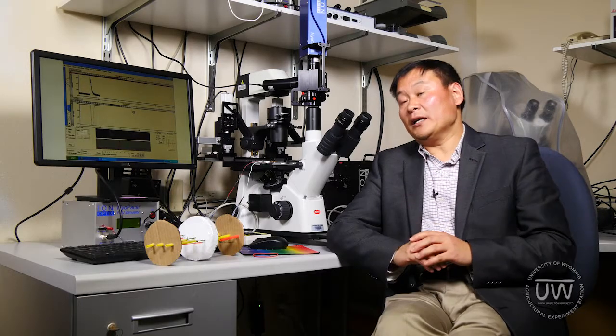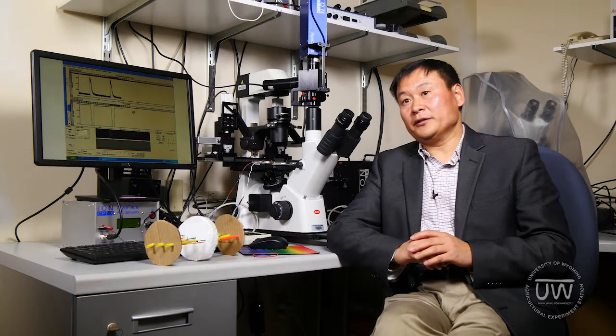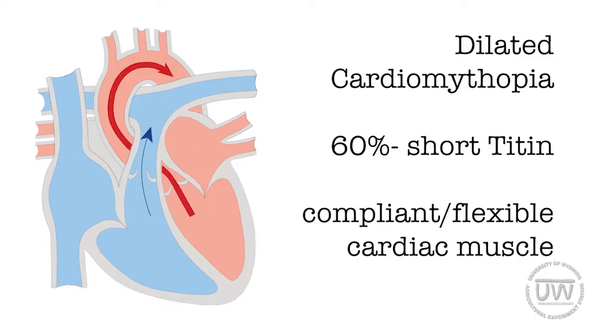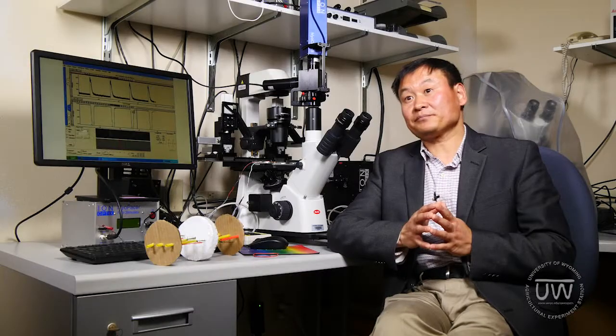And if the short isoform is expressed less in the heart muscle, you can imagine the heart will be more compliant. This condition can be seen in patients with dilated cardiomyopathy.